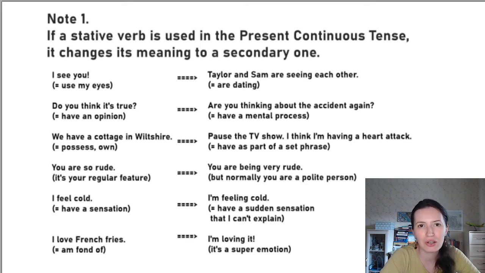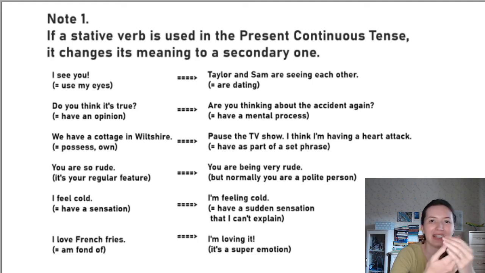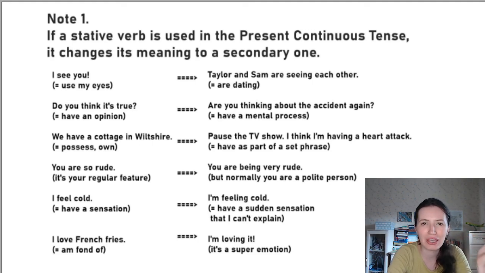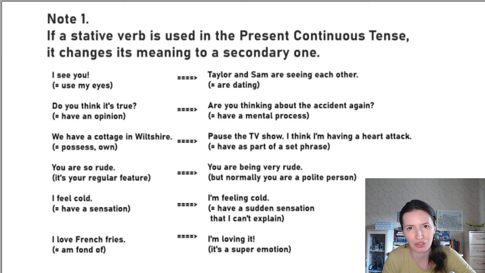So you come back home, you take the gloves off your frozen hands, you look at all the mess you've made, and you say, I'm hating winter. Like, this is the super emotion. This is enough reason to use the present continuous, because that's not the direct meaning of the verb to hate. Okay? The direct meaning of the verb to hate is much less emotional.